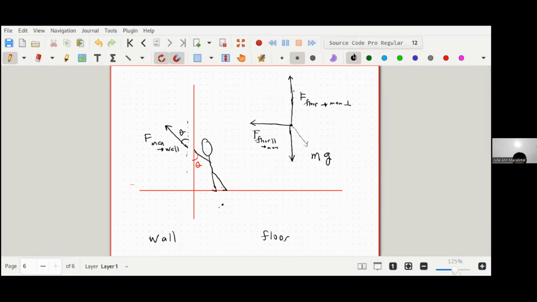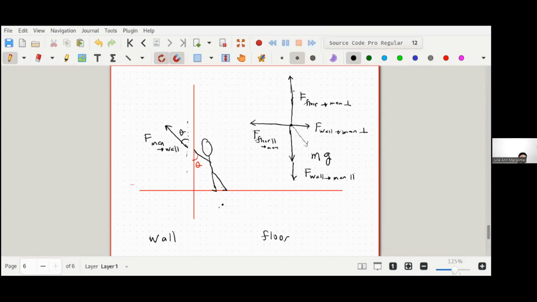Ngayon, if we break it down into components, this is the same as two forces. We have a force from the wall acting on the man, na perpendicular to the wall, and there will also be a force from the wall na downward acting on the man parallel to the wall.